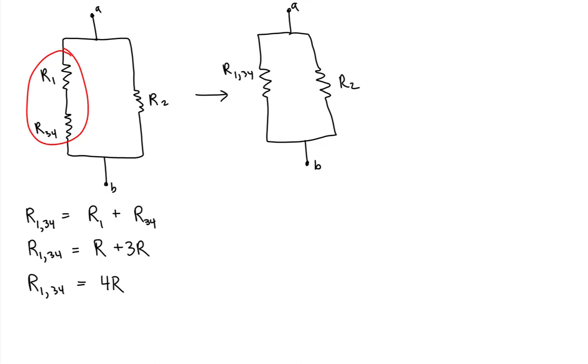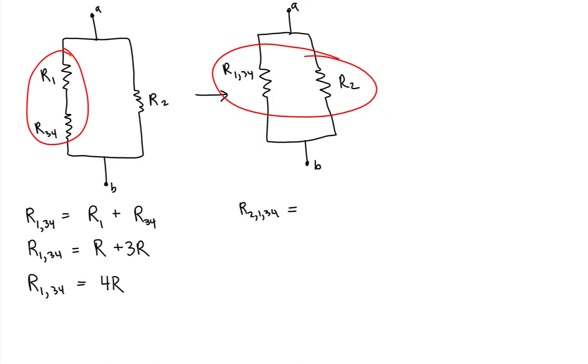And so we do this process again. We find the equivalent resistance for the parallel combination of resistor R2 with the equivalent resistor R1, 3, 4. So I'll write that down as R sub 2 and 1 and 3, 4.